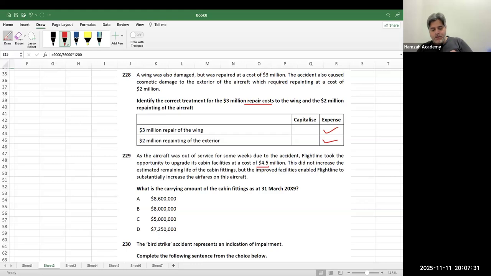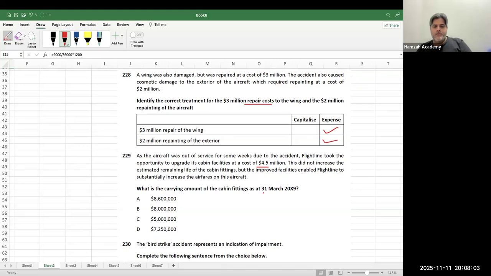So these are improved facilities, right? Because of which you were able to charge extra to the customer. So this has shown an increase in the performance of the aircraft, because of which you are able to get the extra revenue. So this will be capitalized over here.